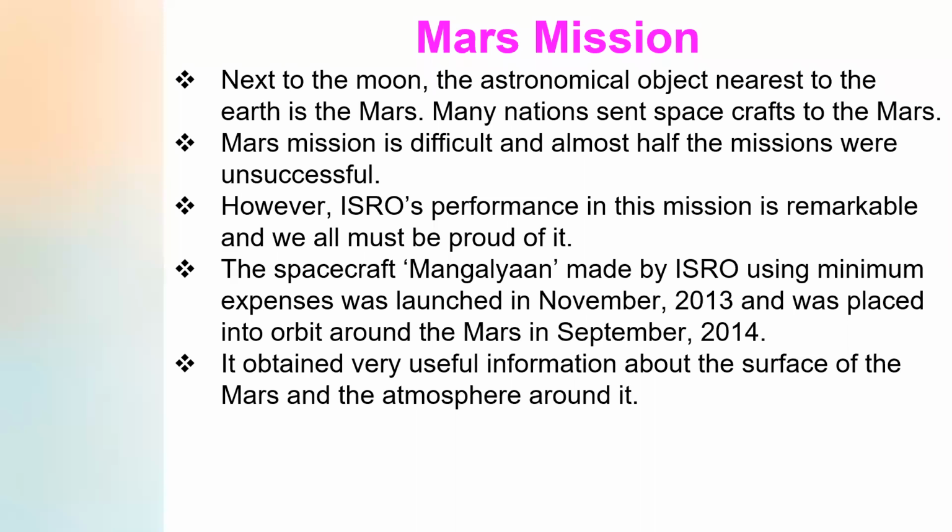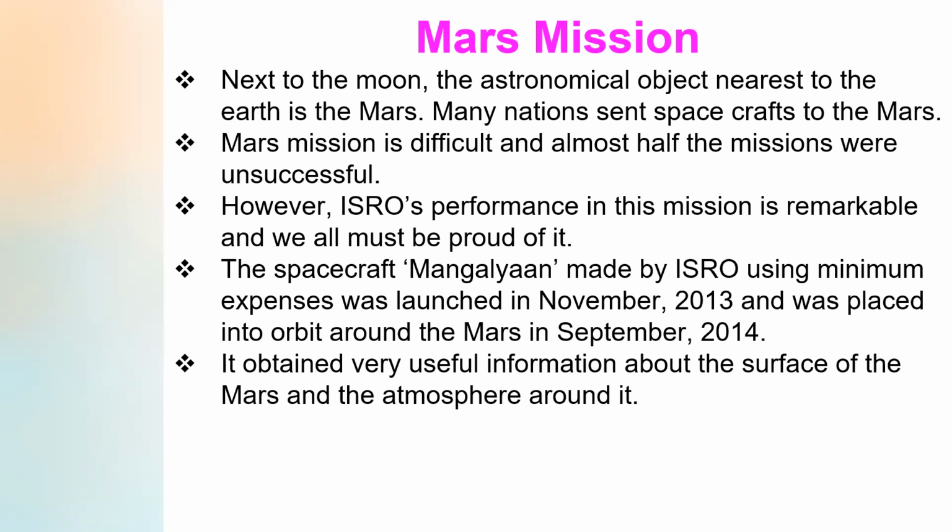Mangalyaan, made by ISRO at very minimal expense, was launched in November 2013. In November 2013, students, this spacecraft named Mangalyaan, which was made by ISRO at very minimal expense, was launched. In which year?